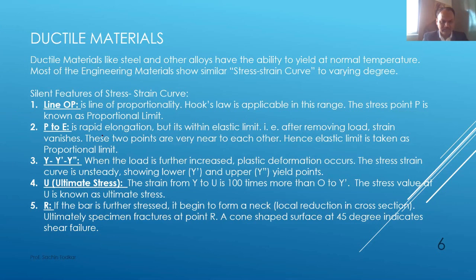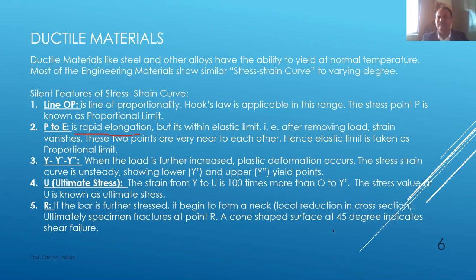Between P and E there is a rapid elongation, but it is within the elastic limit. So sometimes we can write P and E as the same point. They are very near to each other. Hence, the elastic limit is taken as the proportional limit in lots of cases. Now, what are Y, Y dash and Y double dash?